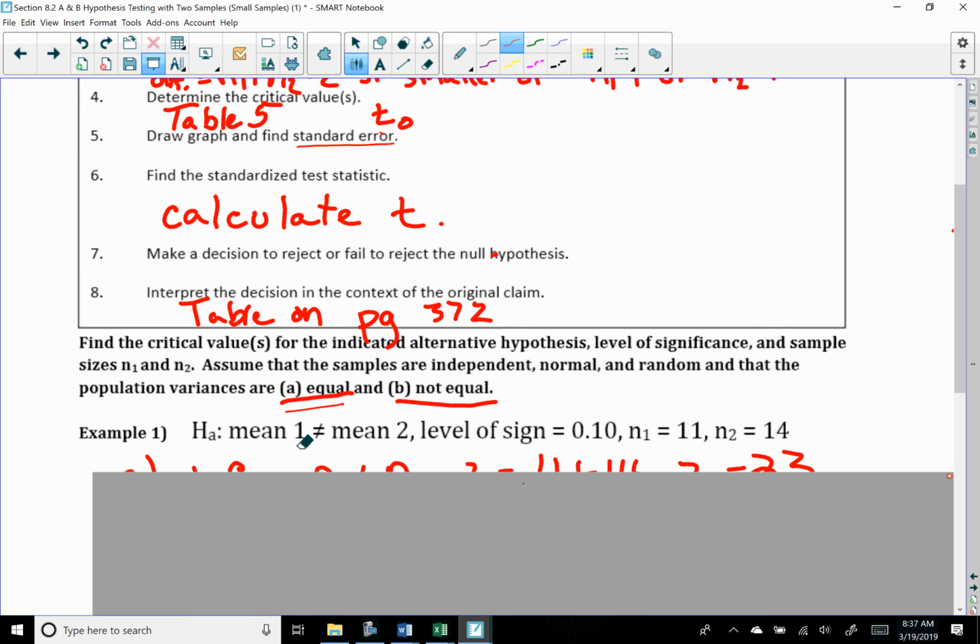So based on this, we know it's a two-tailed test. We know our level of significance is 0.10. So if I were to draw a graph of this, I know that this is two-tailed because of my alternative hypothesis. And each tail is going to have 0.005 in it.